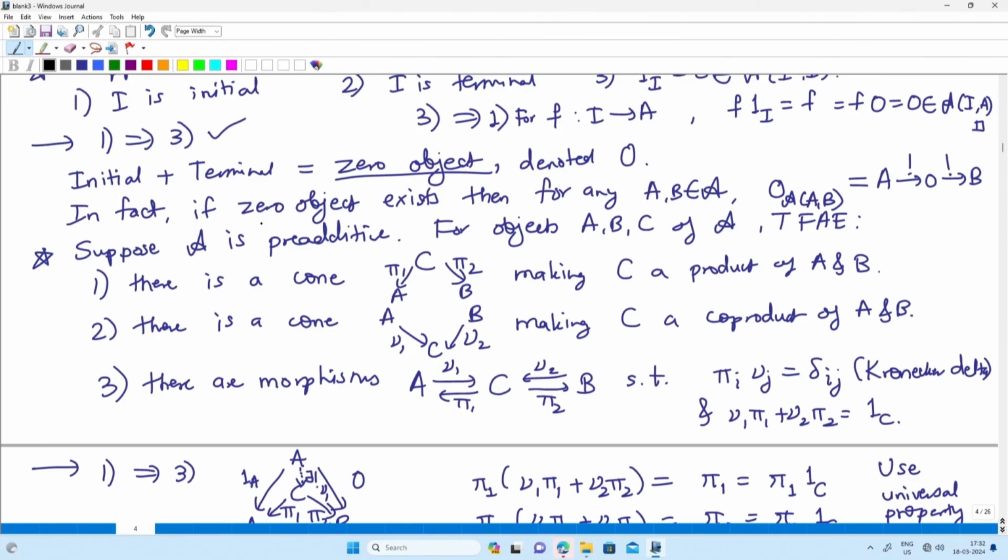If it preserves exact sequences, then you take nu1 then pi 2, that is an exact sequence: 0, nu1, pi 2, 0. Similarly 0, nu2, pi 1, 0 is also an exact sequence. And then you have these identities, so all the identities will be preserved by an exact functor. So therefore byproducts will also be preserved.